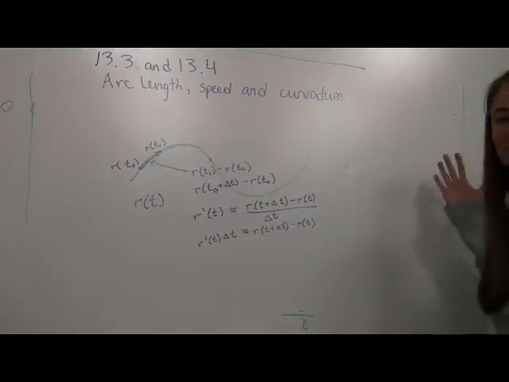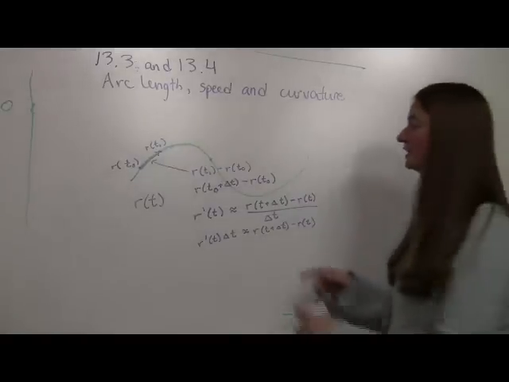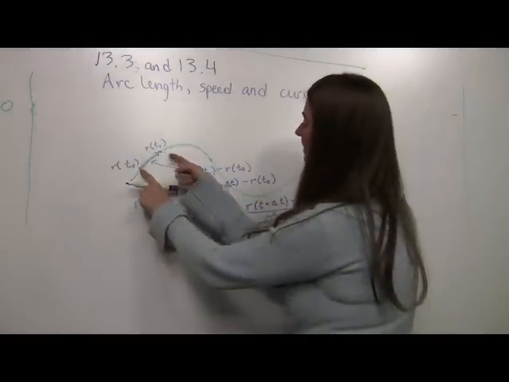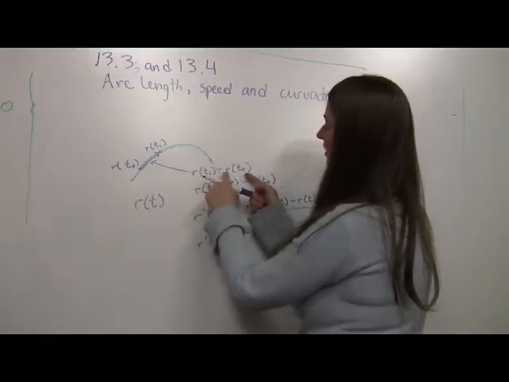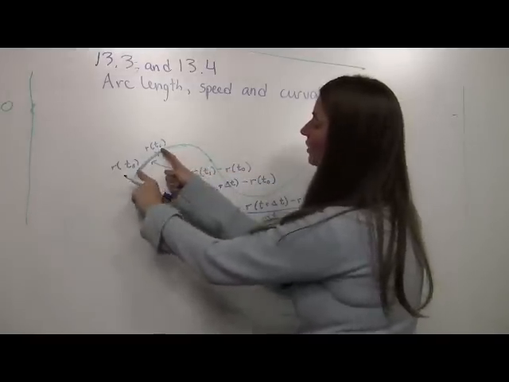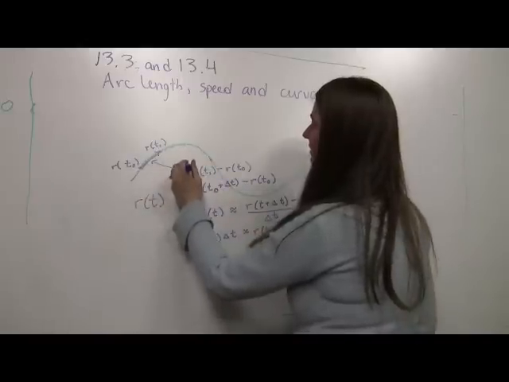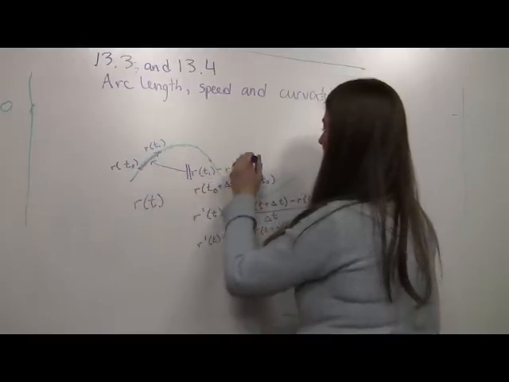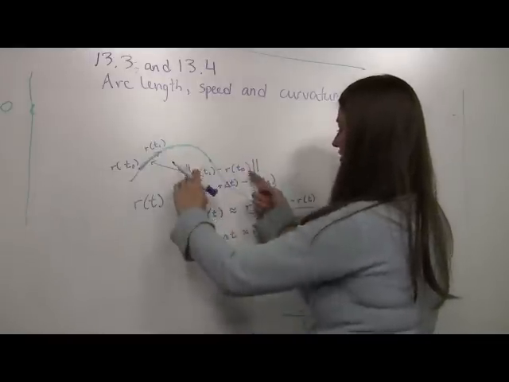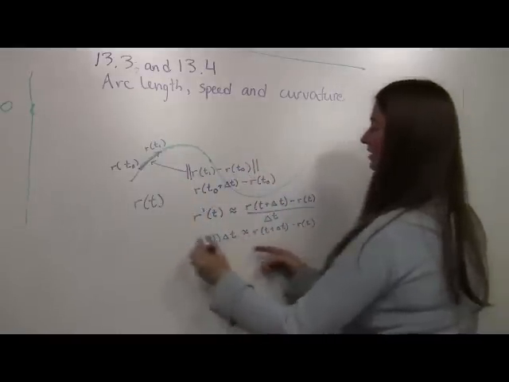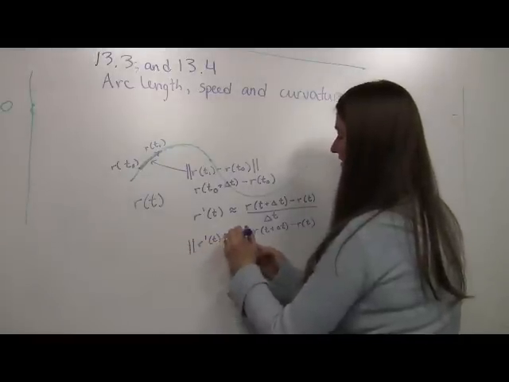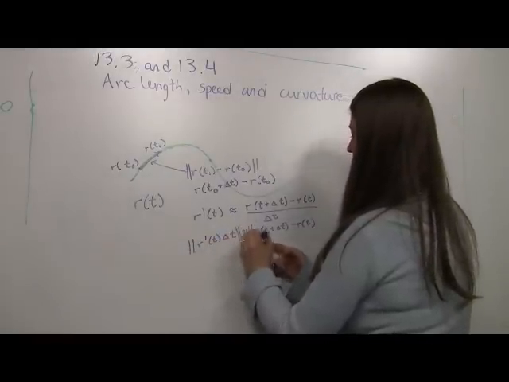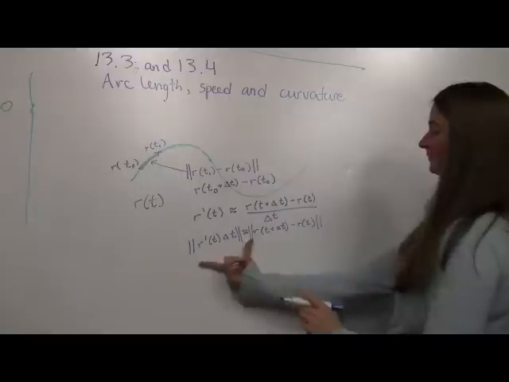So why did I do all this stuff? What is all of this saying to us? We know that this vector, represented by r of t1 minus r of t naught, if I want to know how long this vector is, I'm going to look at the magnitude of this vector, which would be looking at the magnitude of each of these pieces.